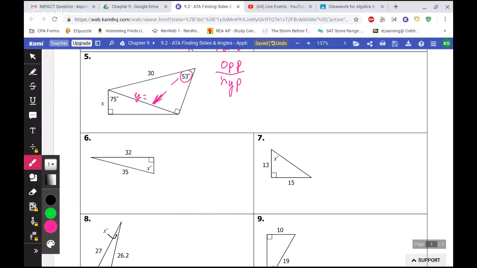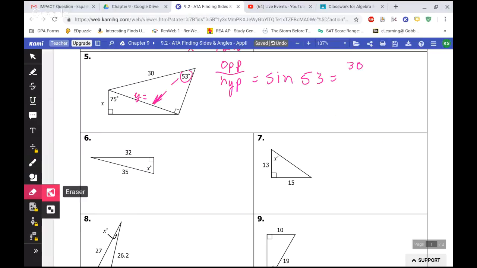So I've got opposite over hypotenuse. Now, which trig ratio is that? Sine. So sine 53 equals y over 30.